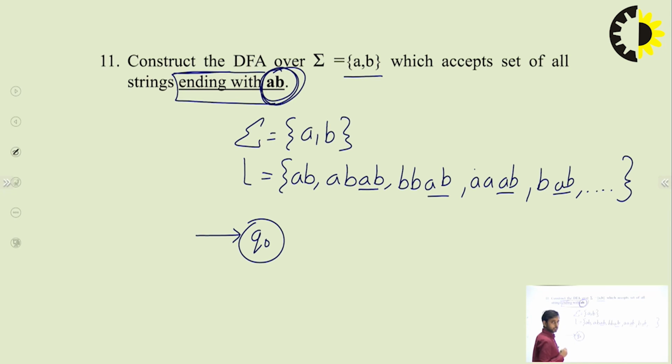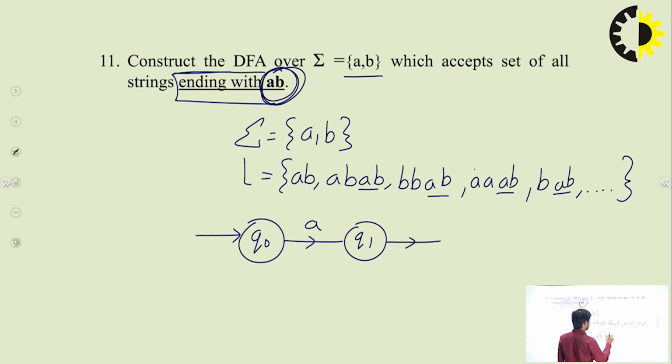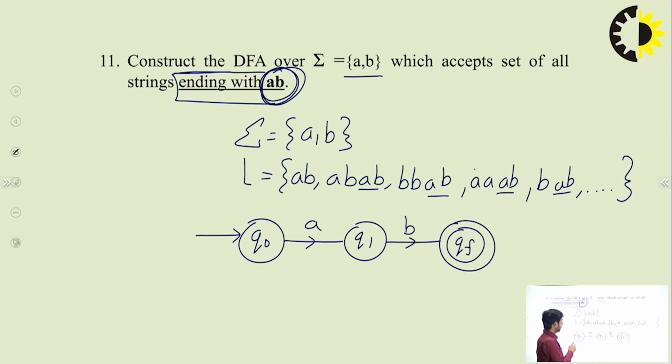We start from state Q node, for strings that end with AB. On A it goes to state Q1, and at Q1 on input B it goes to the final state. Now this is an NFA, this is not a DFA. The basic requirement is ending with AB. If I make a loop here, there will be no difference.